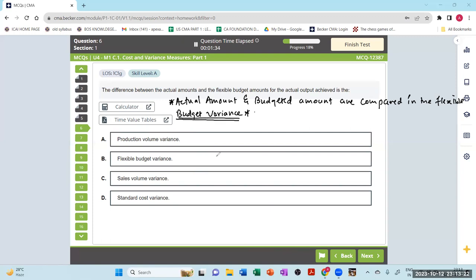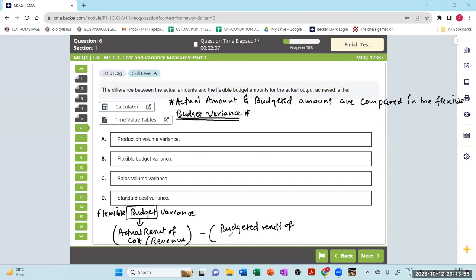Always remember, when you use the word flexible budget variance, the word budget is a total for actual result of cost or revenue minus budgeted result of cost or revenue multiplied by actual quantity of whatever, sales or whatever, right?